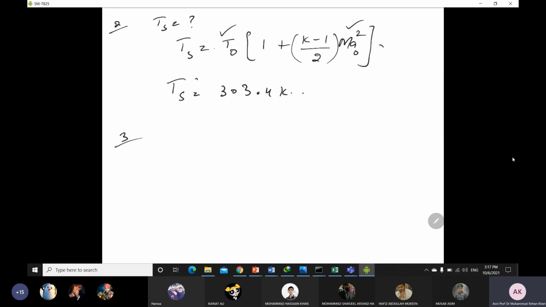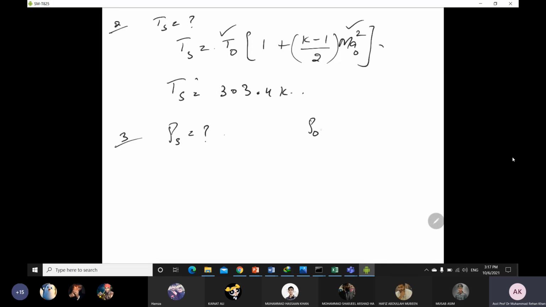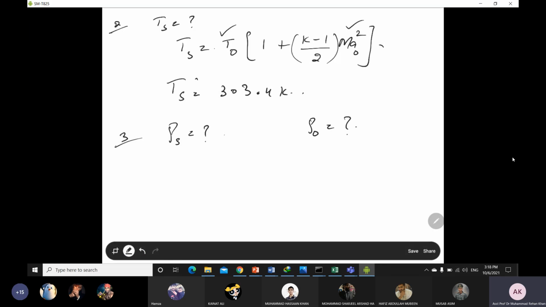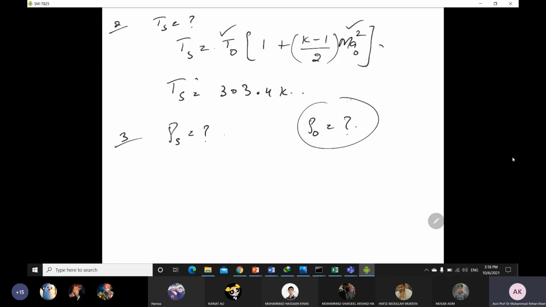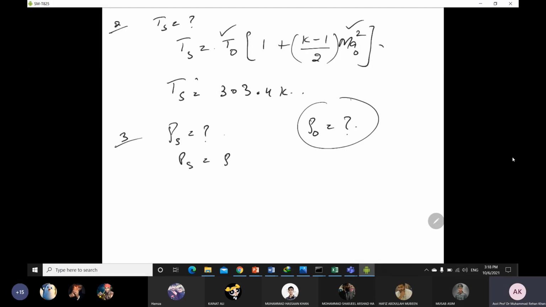In part 3, we have to find the stagnation density, rho s. We cannot simply use the relation we already developed for stagnation density, because in that relation we have to find the stagnation density at point O as well, which is the starting point. Rather than this, we can simply apply the ideal gas relation: P stagnation is equal to rho stagnation times R times T stagnation.